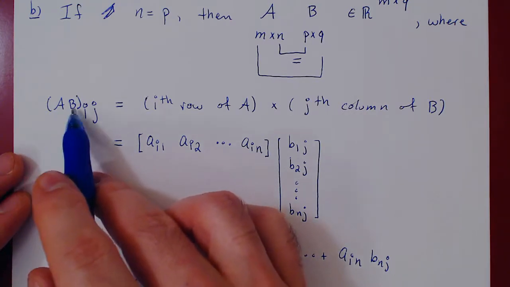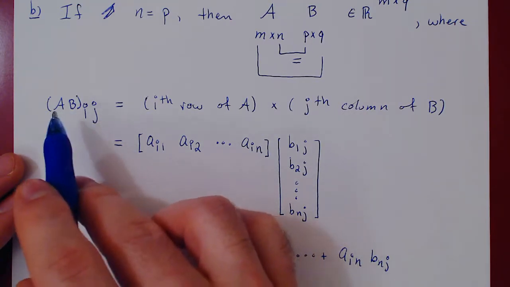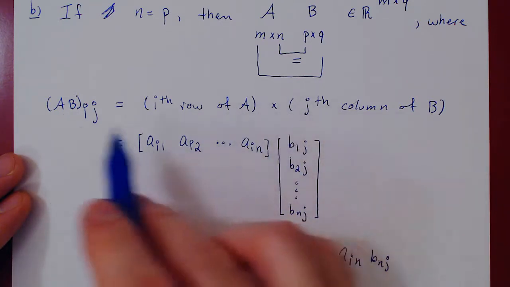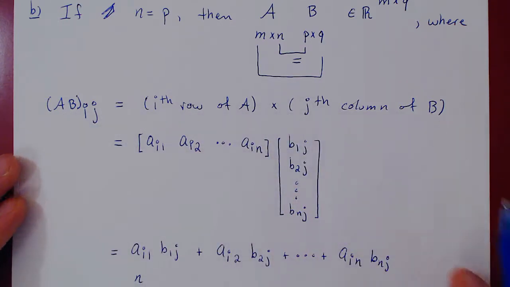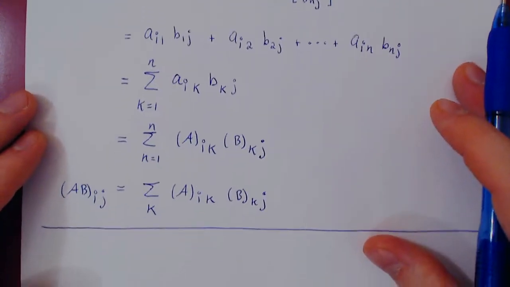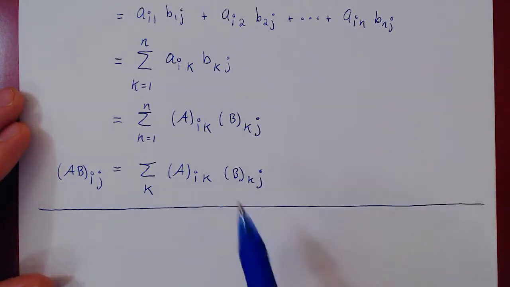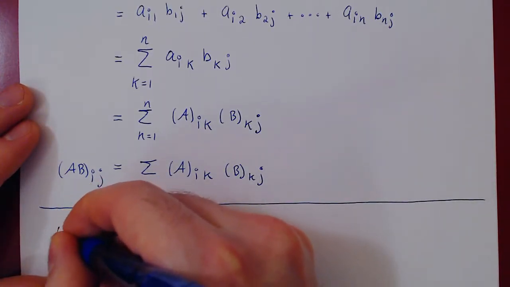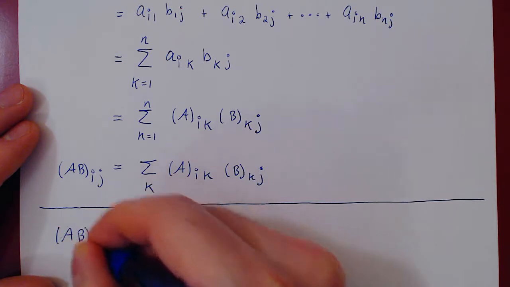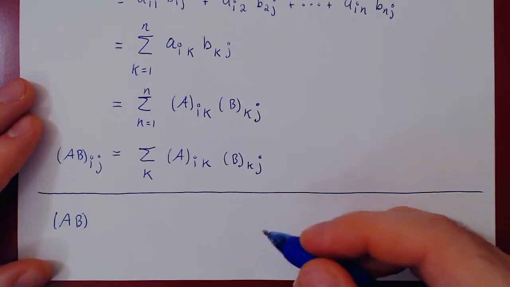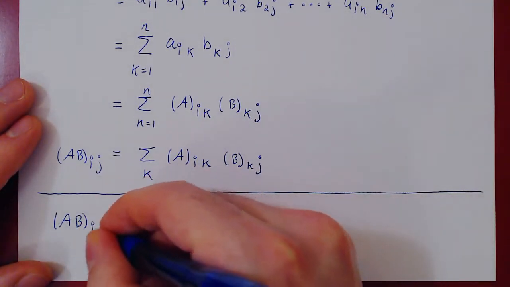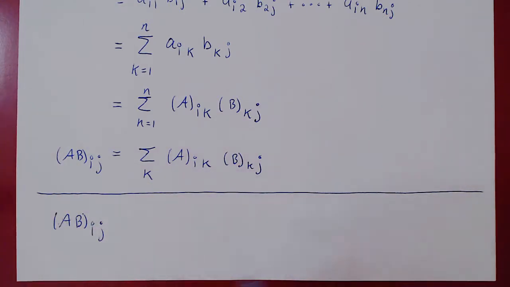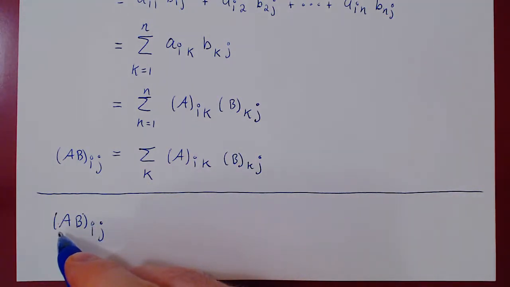If you want the entry in AB in the ith row, jth column, take the ith row of A times the jth column of B. And let's see how we should write this naturally. So if I ask you for the entry in the new matrix A times B, found in the ith row, jth column, well, we take the ith row of A times the jth column of B, right?